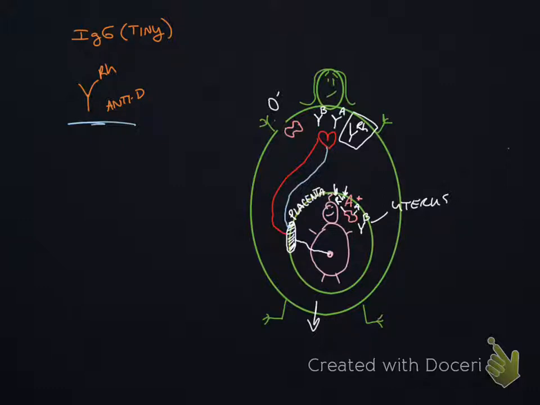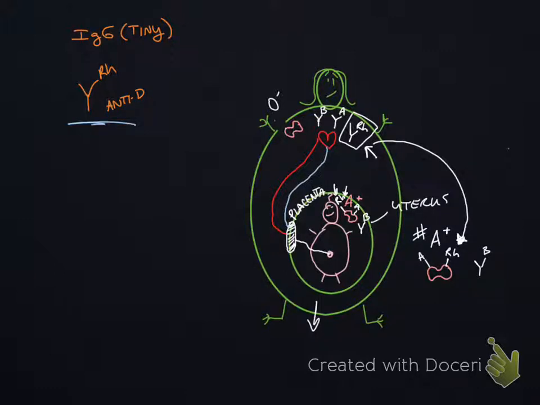But let's say mom has another baby, and this baby is also A positive. So its blood would look like this, with an A antigen and an Rh, and a B antibody. Now mom is making antibodies against this antigen.